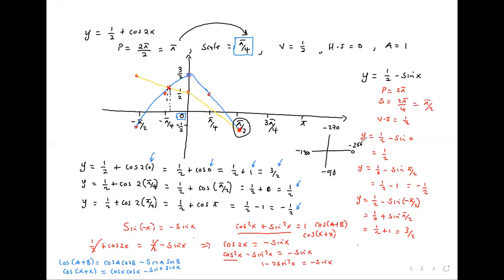When they are positives, we say 0, 90, 180, 270, 360. That's the reason why we had to subtract in that way.